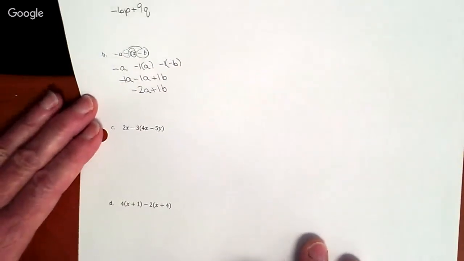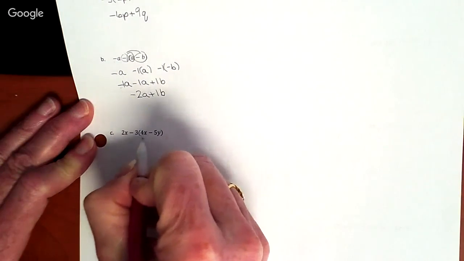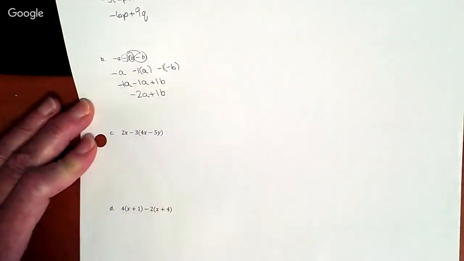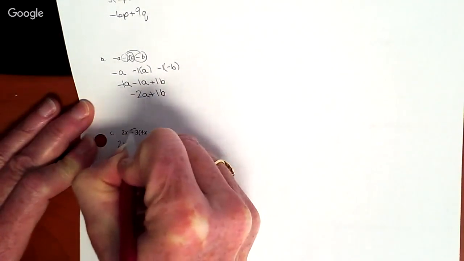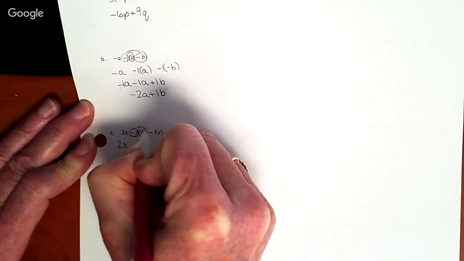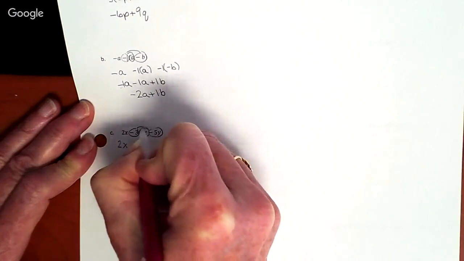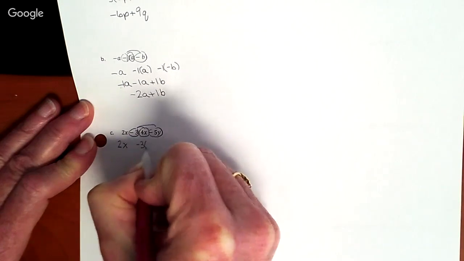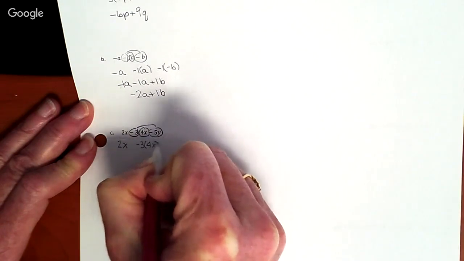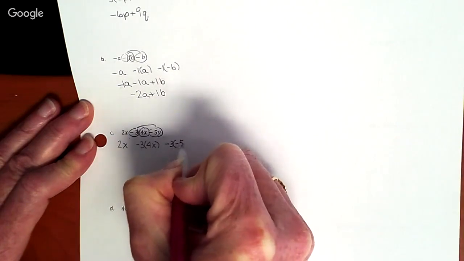Our next problem, we have 2x minus 3 in parentheses, 4x minus 5y. So we have 2x. Circle that negative 3 here, and we are going to multiply it to 4x and negative 5y. So we have negative 3 times 4x and negative 3 times negative 5y.